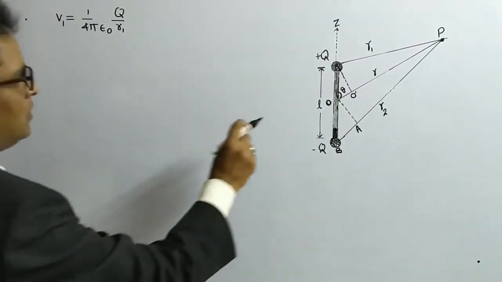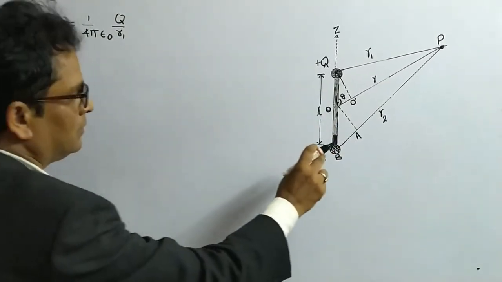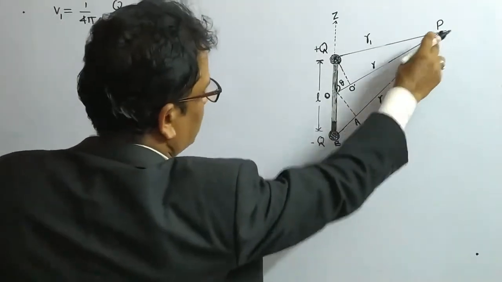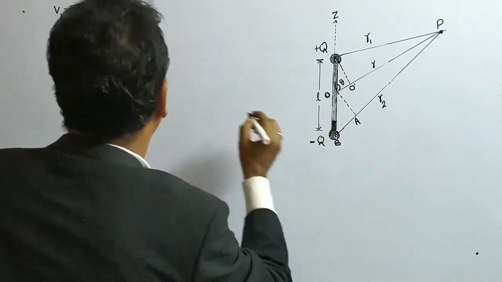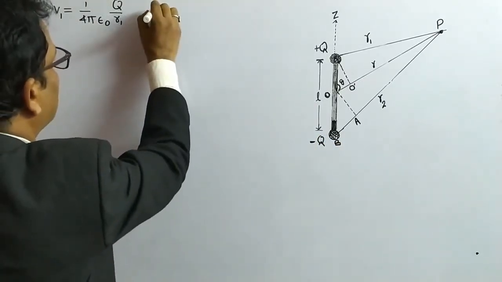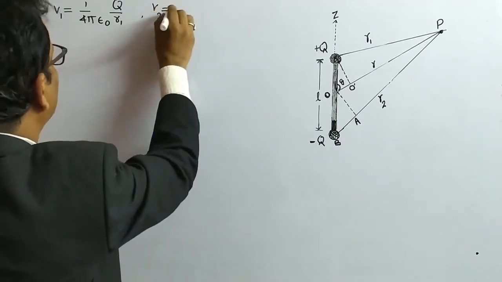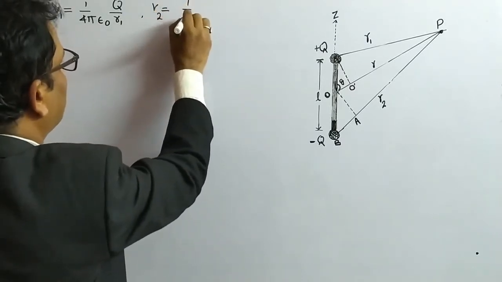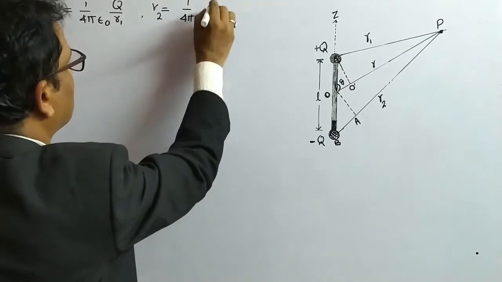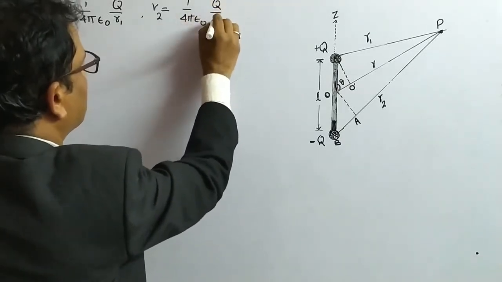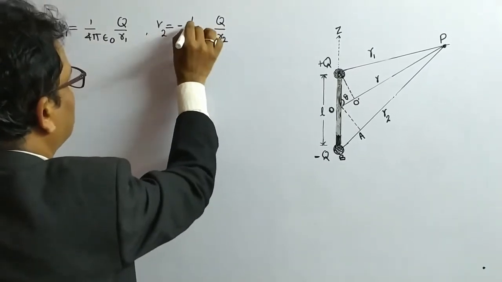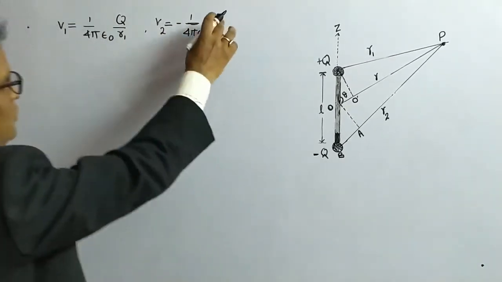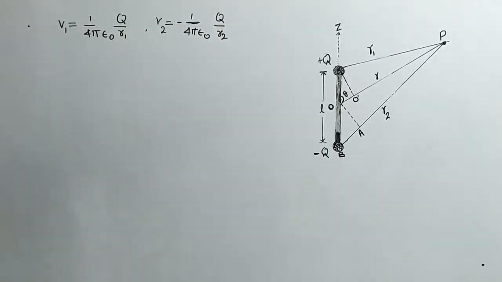Similarly, the potential at P due to this negative charge q will be V2 equals 1 over 4 pi epsilon naught, minus q upon r2, the distance is r2, with negative sign. I have taken the negative charge here.